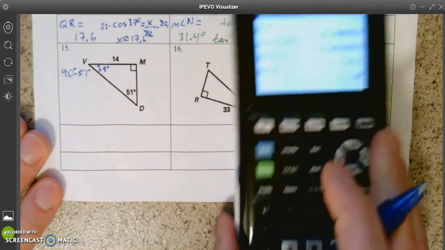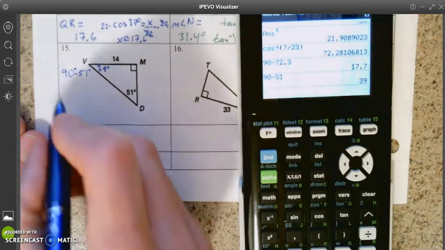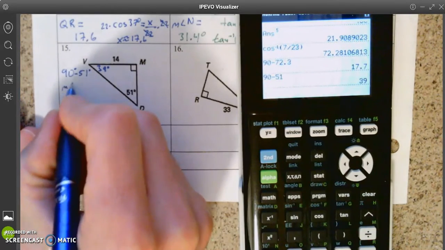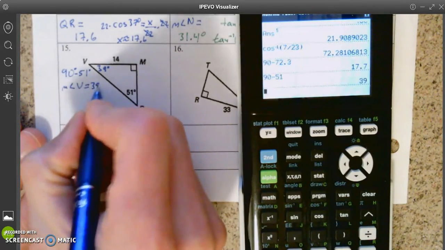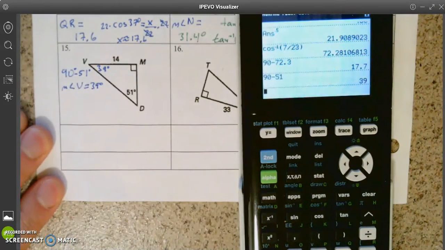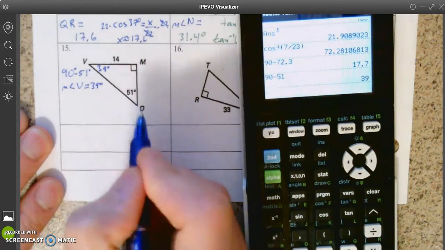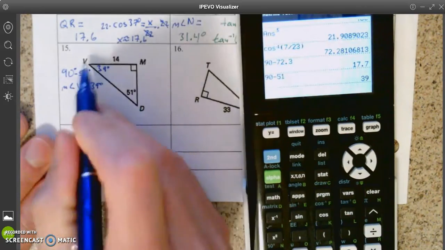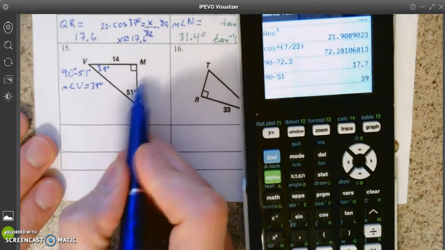Sorry, I did that off camera. So the measure of angle V is 39 degrees.